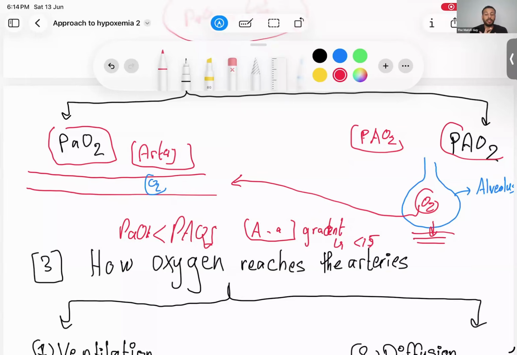The AA gradient, or the decrease in oxygen from the process of diffusion from the alveolus to the artery, should not be more than 15. If the decrease is more than 15, it means that there is a problem in the transfer of oxygen from the alveolus to the blood vessel. Is this clear, guys?